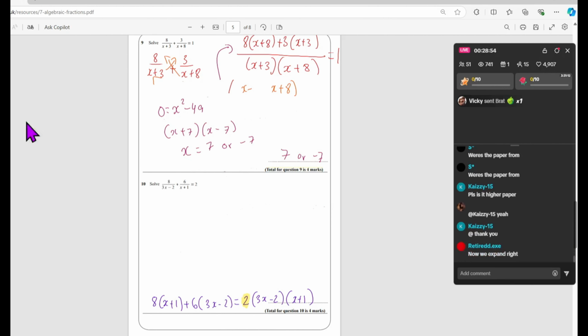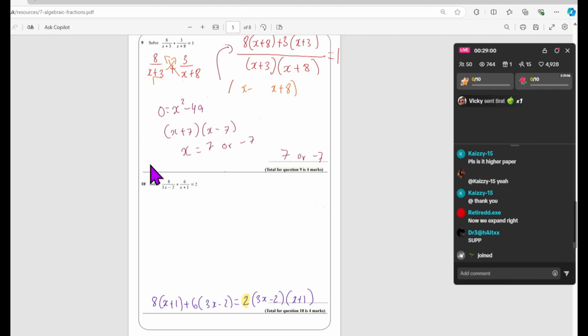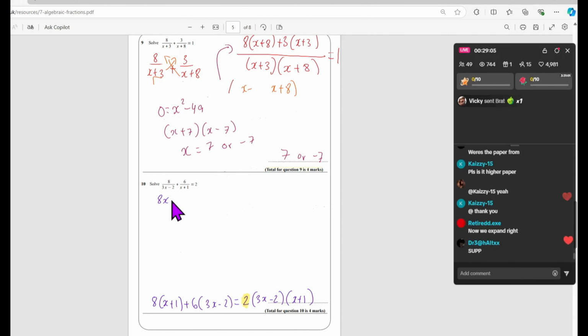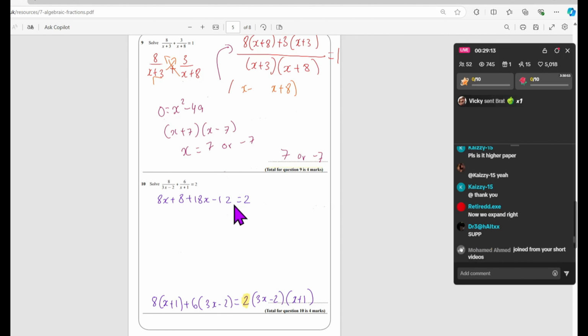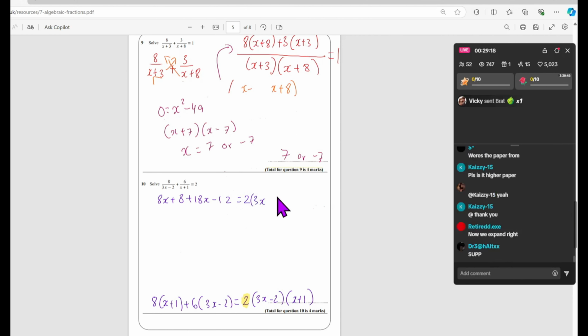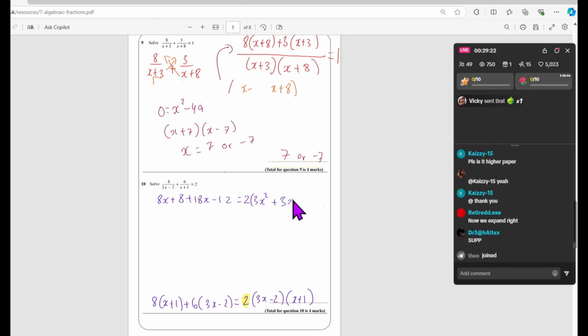Yes, now you need to expand this, okay? So when you expand this, you'll get 8x plus 8 plus 18x minus 12 is equal to 2, then 3x squared plus 3x minus 2x minus 2.